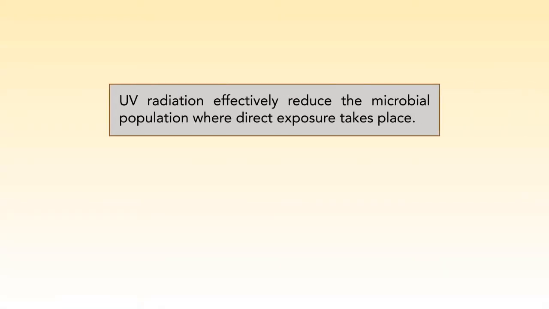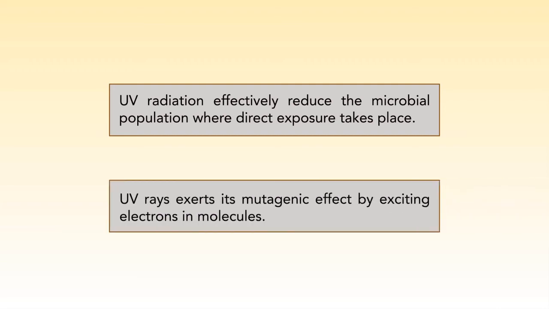While the most common form of non-ionizing radiation is UV radiation. They effectively reduce the microbial population where direct exposure takes place. UV rays exert their mutagenic effect by exciting electrons in the molecules.